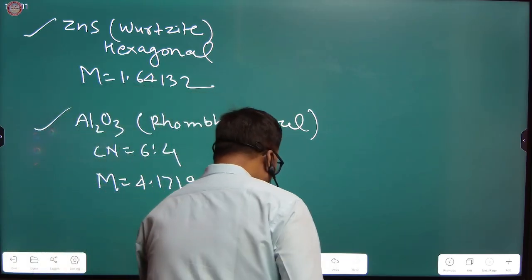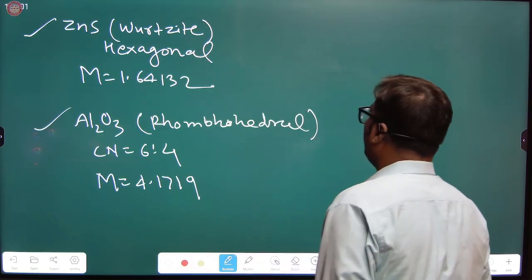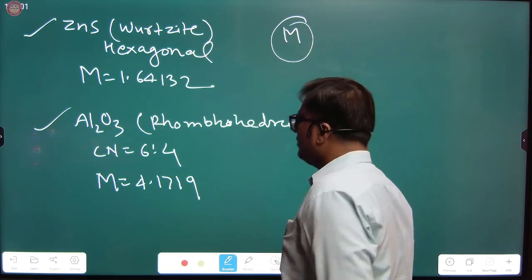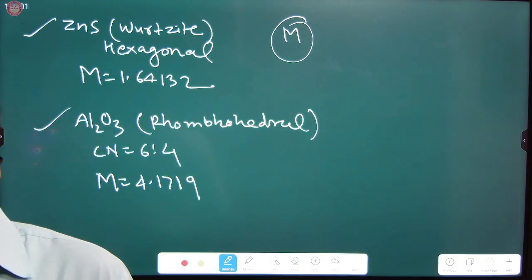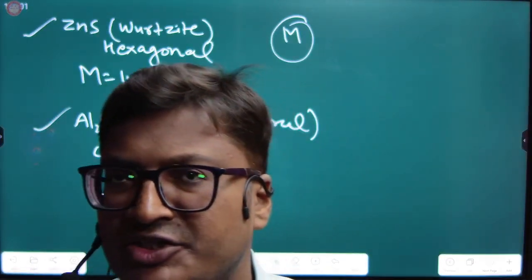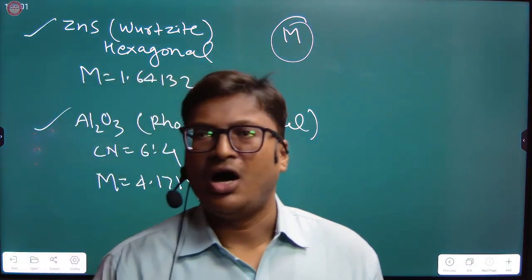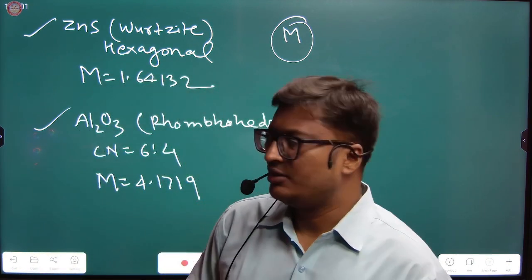So what you can infer here is that the Madelung constant M depends on the lattice structure. If the lattice structure is 1D or 2D or 3D, then the lattice energy will be different for the different lattice.